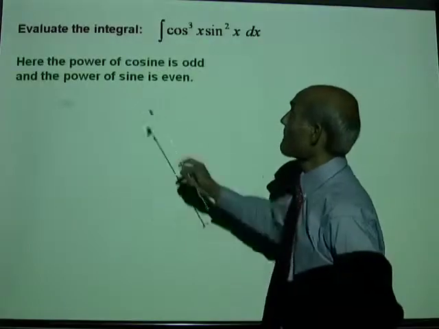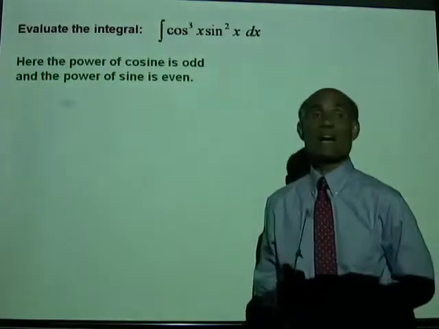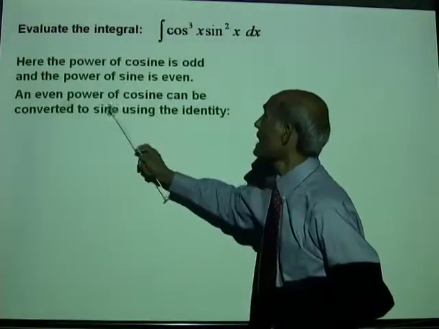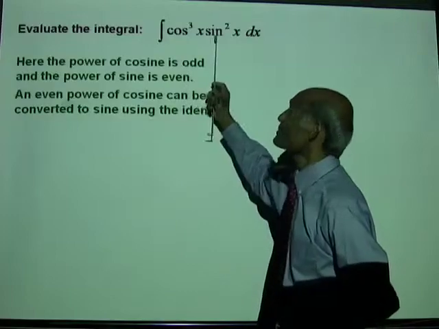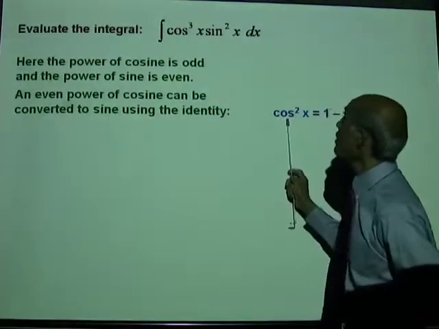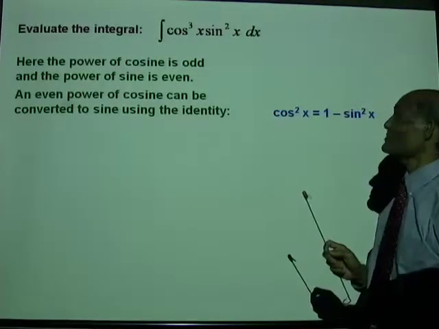Alright, let's do that. Here the power of cosine is odd and the power of sine is even. So an even power of cosine can be converted to sine. We know cos squared x equals 1 minus sine squared x.